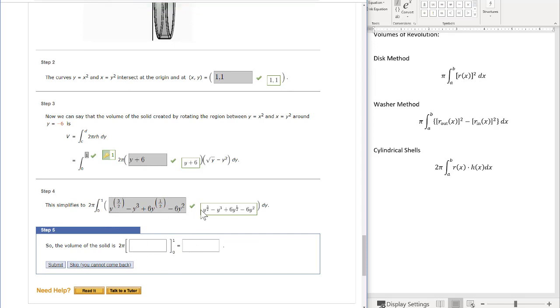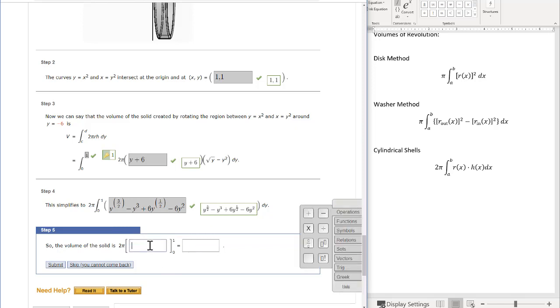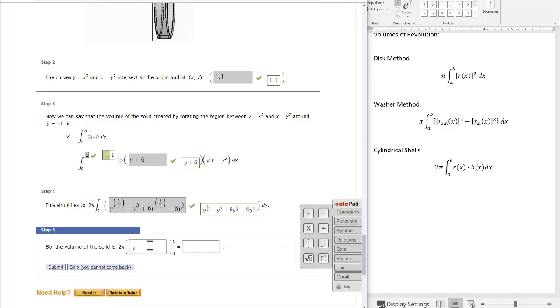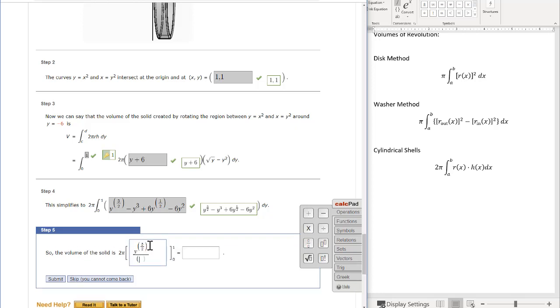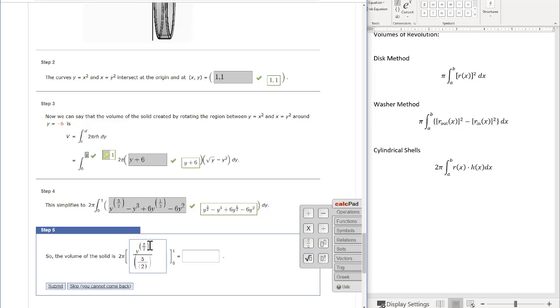The 2 pi is still sitting outside. We have y to the 3/2 power. You add 1, you get y to the 5/2. And then we're dividing this by 5/2. That's the same thing as multiplying by 2/5. We have minus y to the fourth over 4: you add 1 to the power, and then you divide by that same power.